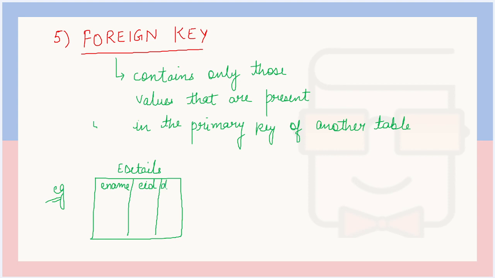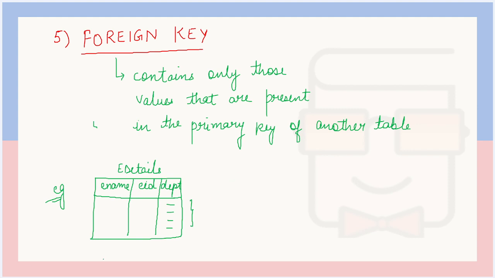And the third attribute is department. Now, in this particular case, multiple employees can be present in one department. So department will not be unique in all the entries, because in most of the companies a department has more than one employee.